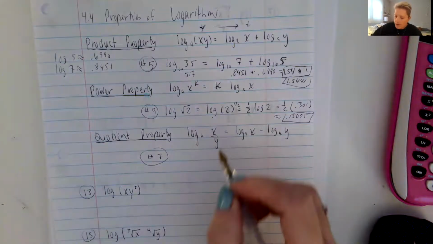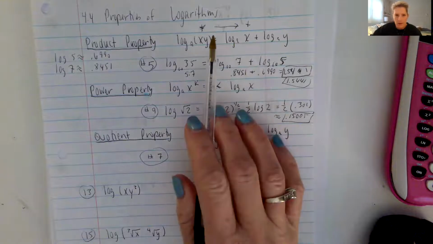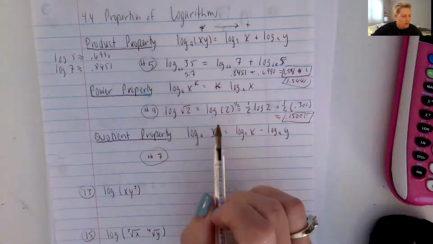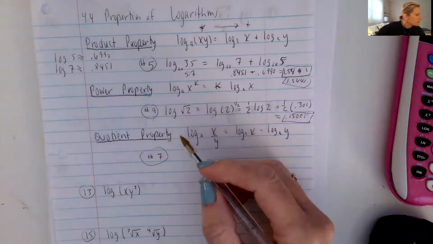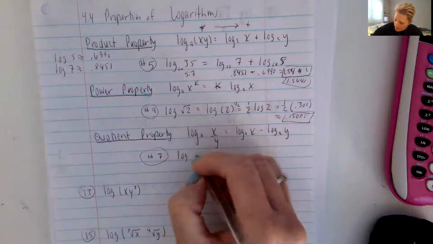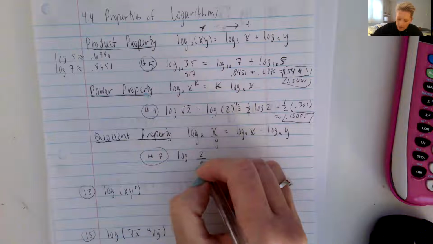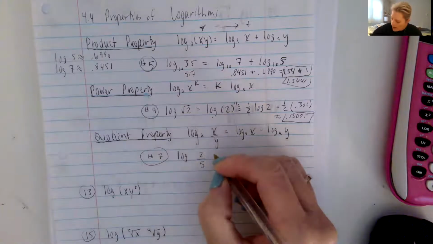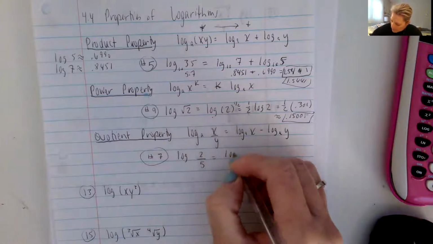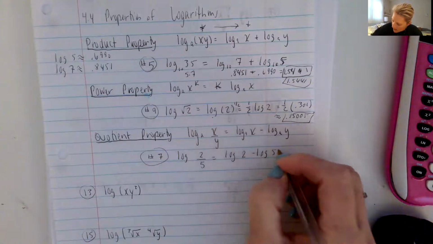And so the division or the quotient goes to subtraction, just like up here, the multiplication or product goes to addition. So let's look at number 7. Number 7 is the log base 10, which we don't write, of the quotient of 2 over 5. So this can be broken apart as the log of 2 minus the log of 5.